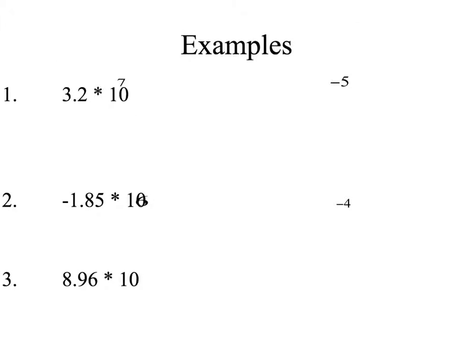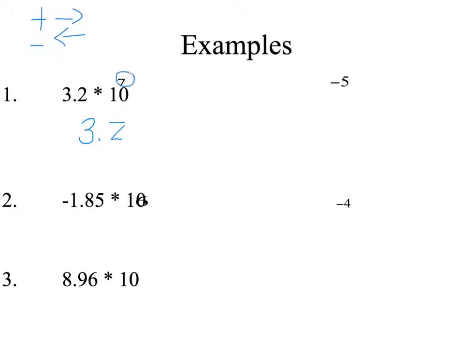Oh, so my exponents are all screwed up. So the first one, 3.2 times 10 to the 7th. Write the number down first, 3.2. Remember that a positive exponent means that I'm going to the right, and a negative exponent means that I'm moving to the left.